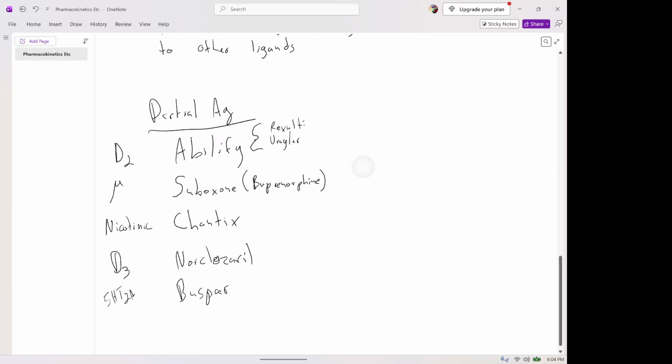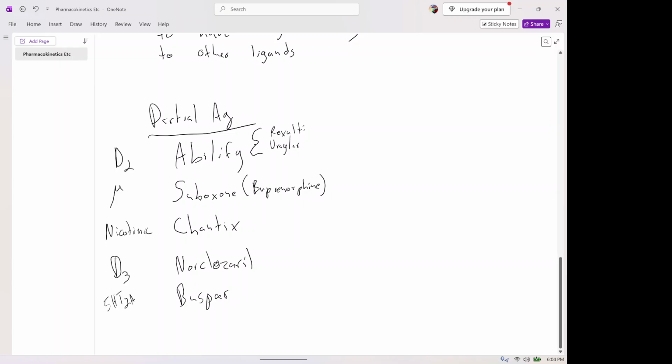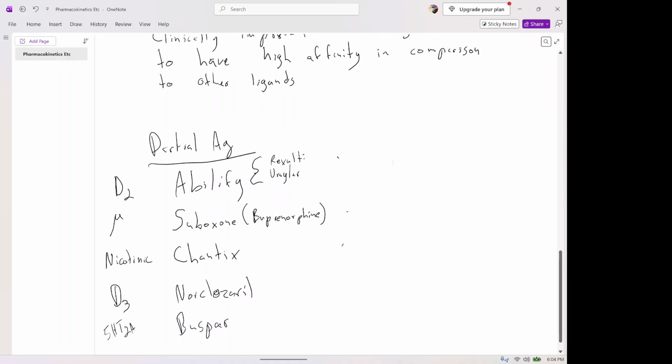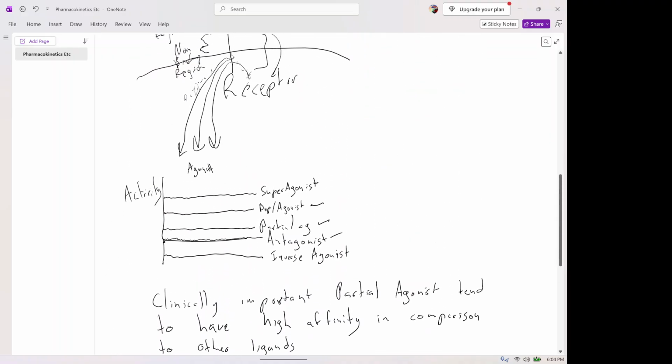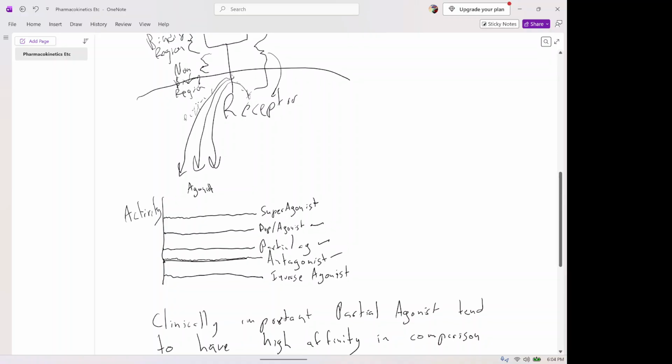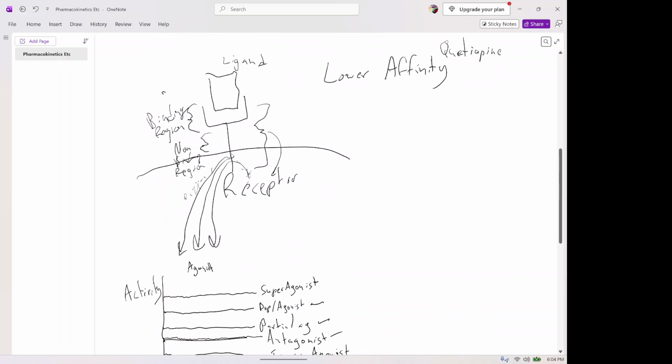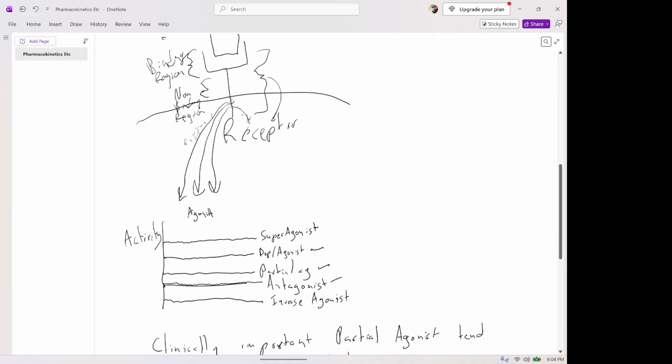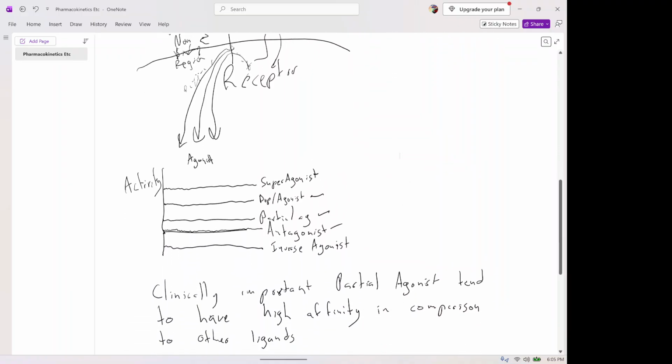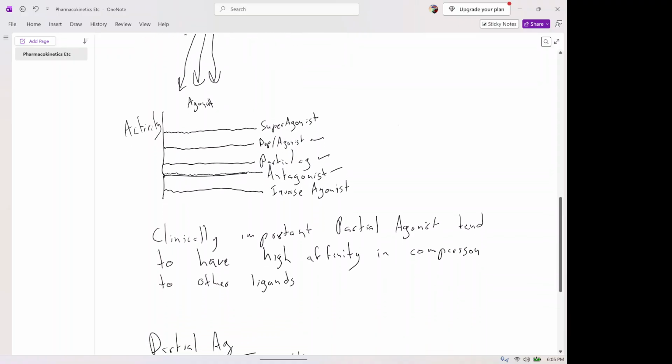But you can see a pattern, especially with these top three that are actually clinically relevant, these two are just sort of trivia, in that they have a higher affinity than the other ligands that are in our pharmacopoeia, which makes them especially helpful in some ways.